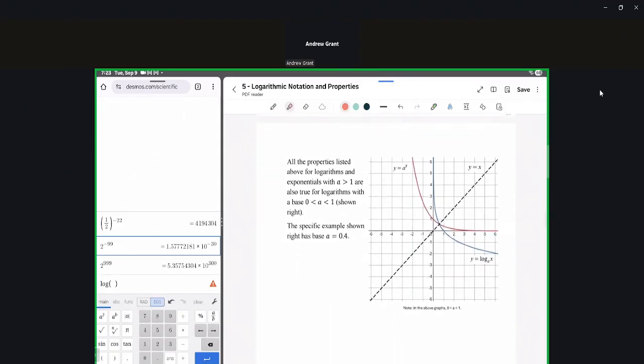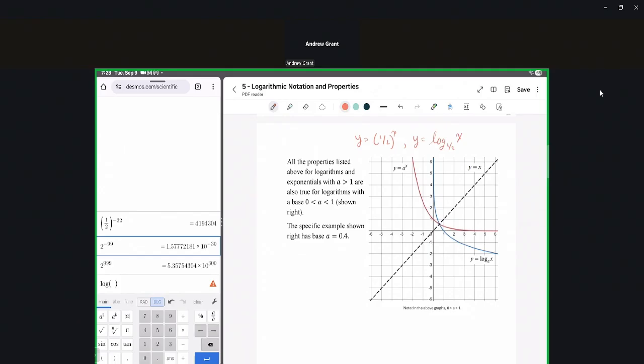Okay, so here's the graph that we did at the start. At the start, we did the example where we had y is equal to 1/2 to the power of x, and the logarithmic equivalent is y is equal to log base 1/2 of x. This is that example here.